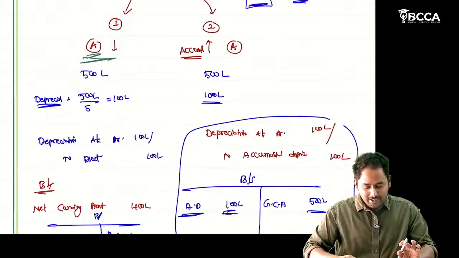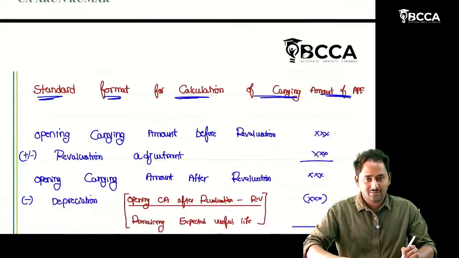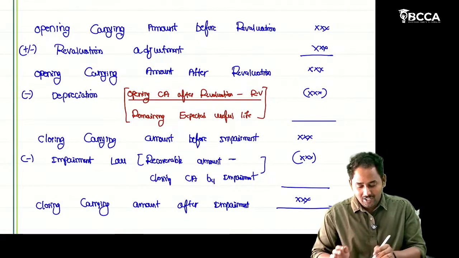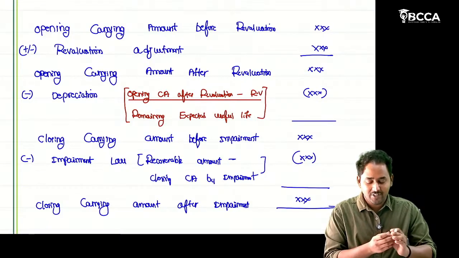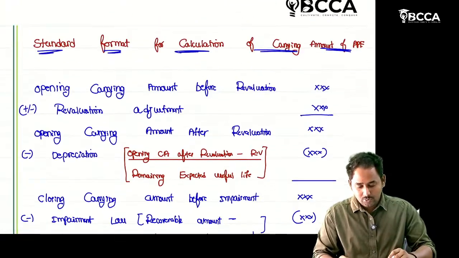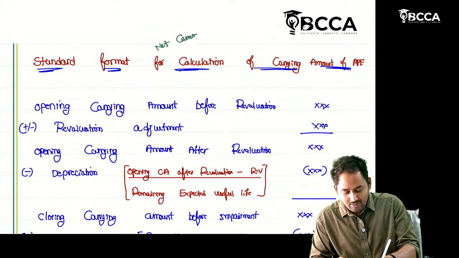But with the second format we cannot do this because the gross carrying amounts are different. The revaluation adjustment should be classified between the gross carrying amount and opening carrying amounts. So here we are following the approach of net carrying amounts. All these are net carrying amounts.